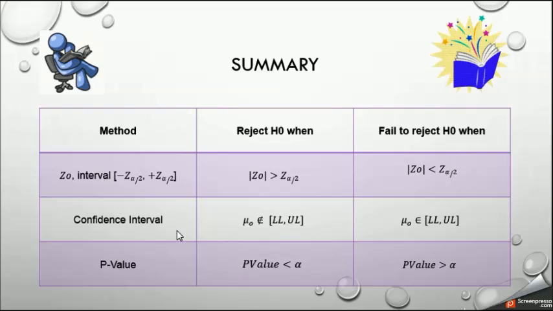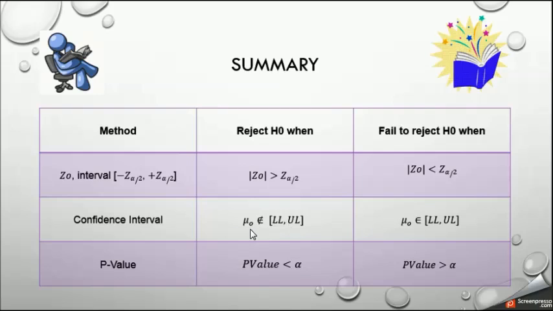In the other method, we have used the confidence interval. We have calculated the lower limit and the upper limit of the confidence interval. So our criteria is to look for the mu0, which is the hypothesized mean for the population. If the hypothesized mean is included in the confidence interval, we are going to fail to reject the null hypothesis.